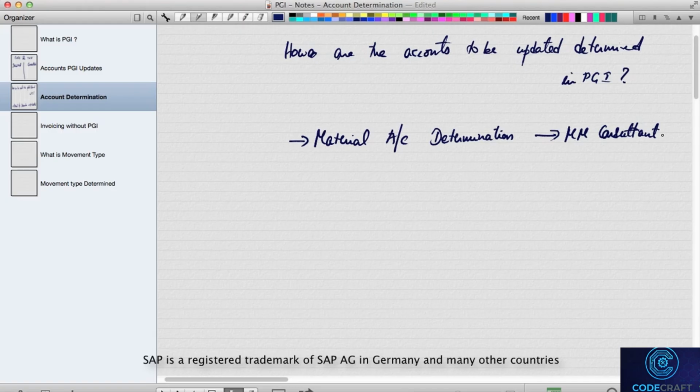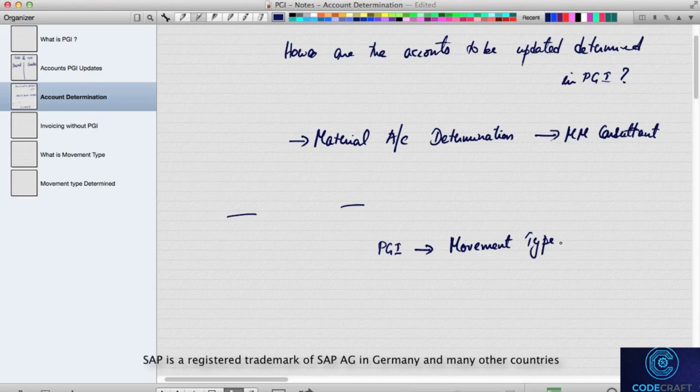But before you do that, when this order delivery happens and then the PGI happens, before the system even decides what are the accounts that need to be hit, there is something called a movement type. So any delivery that you take will have a movement type.